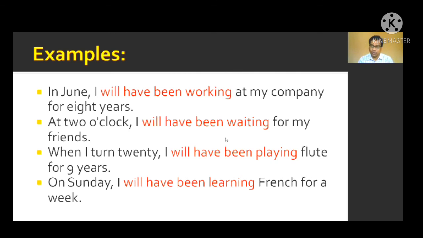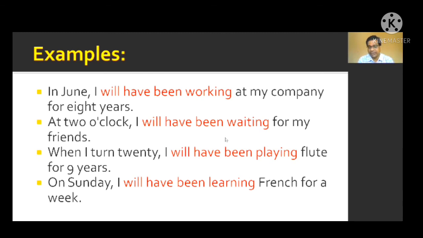So 1 week is yet to be completed. Sunday is yet to come. So that is the time related to the future. So I'll say like this. On Sunday, I will have been learning French for a week. I is the first person singular number. Shall or will, future tense indicator.